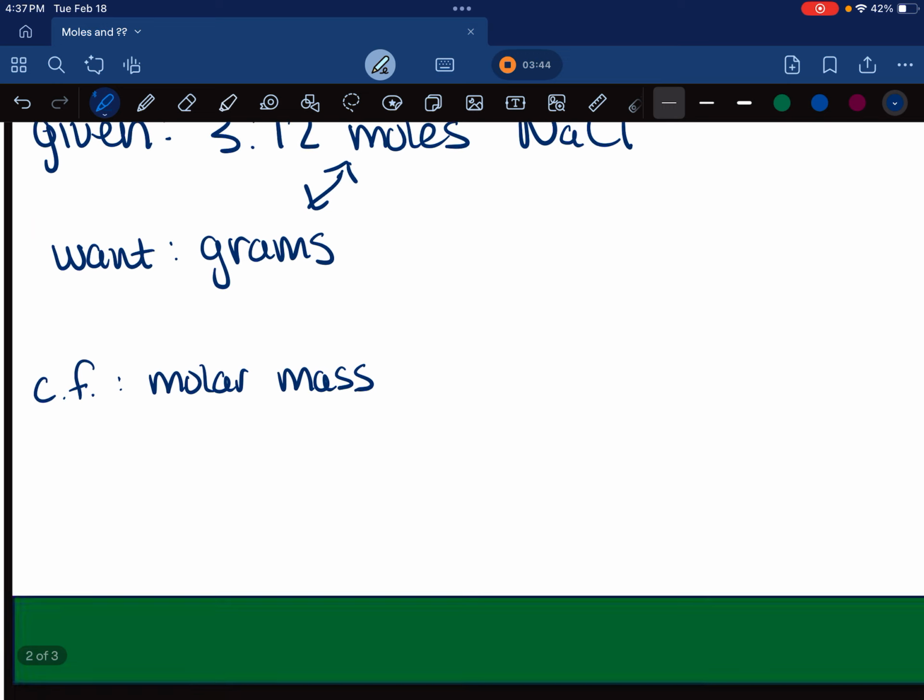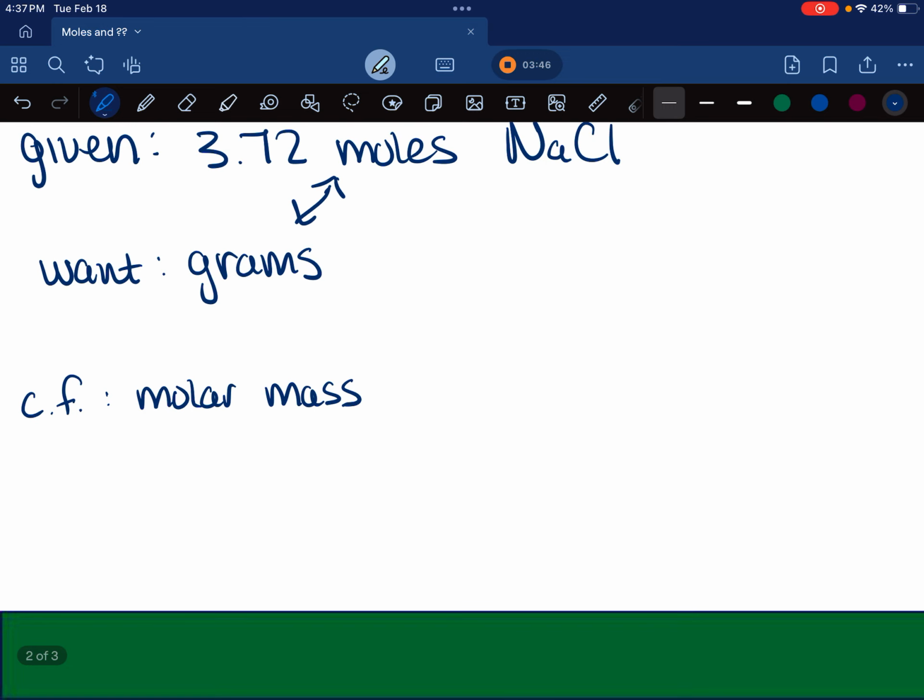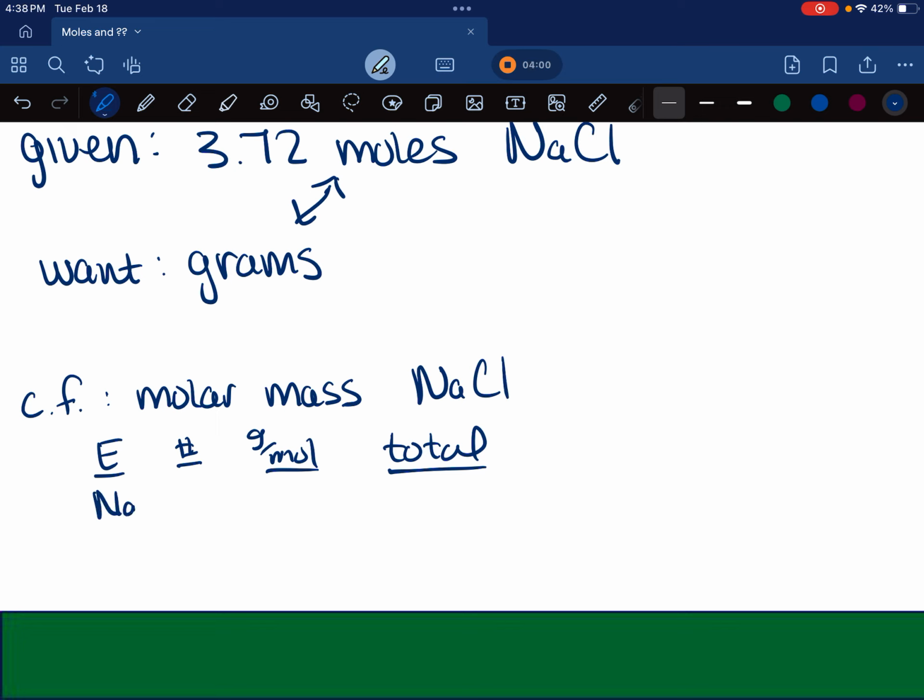So we're going to figure out how much the molar mass is by using the periodic table. Let's write it out, I like to be neat with this. So the molar mass of NaCl, we're going to look up sodium. In NaCl, there's 1 atom of sodium. The molar mass on my periodic table is 22.990. So 1 times 22.990 gives me 22.990.